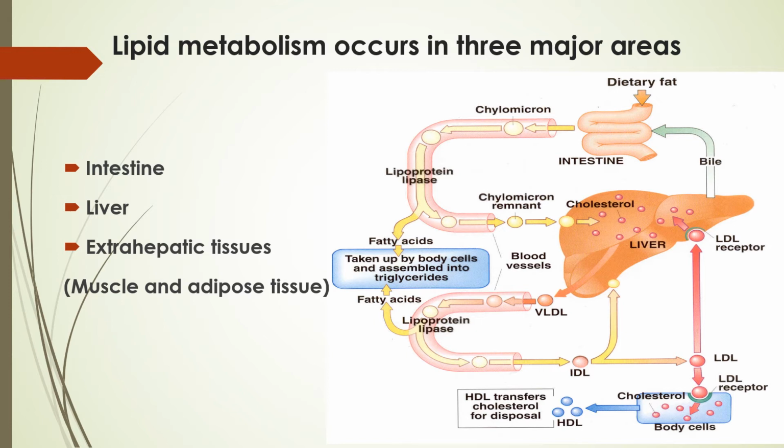The last site is the liver, where very low dense lipoprotein is assembled and delivered to circulation, and intermediate density lipoproteins and low dense lipoproteins are metabolized.